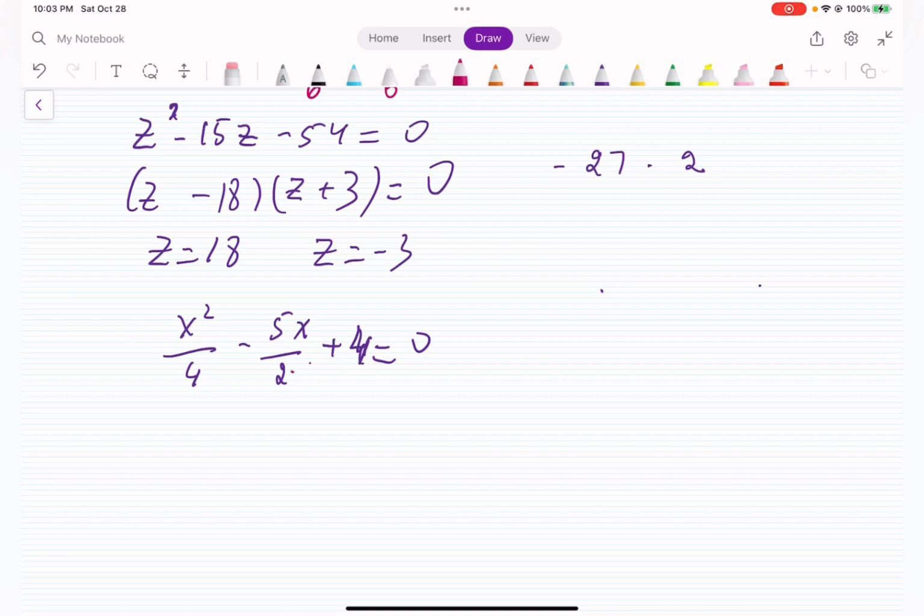Here we need to bring to 4 times 2. And here also 4 times 4, because there's no denominator. And that's it. Dropping the 4s, we are getting x squared minus 10x plus 16 equals 0.